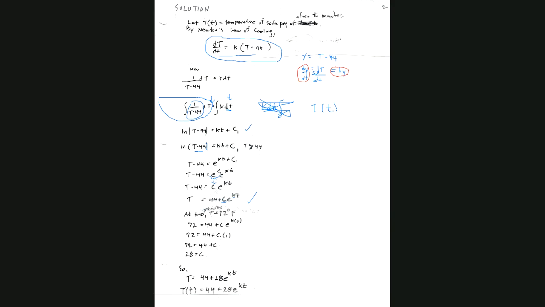We get c equals 28. And so the temperature is equal to 44 plus 28 times e to the kt power. That is a k there, right? That is a k.